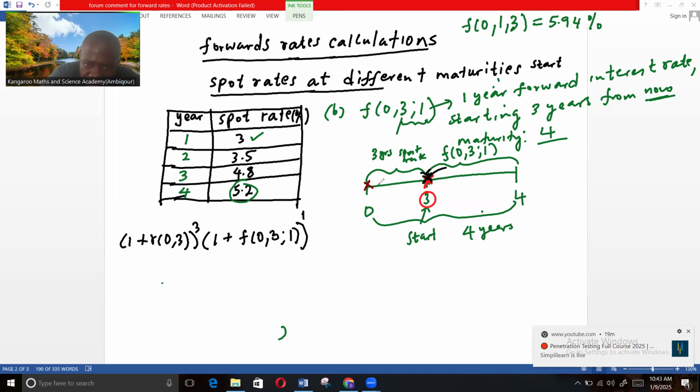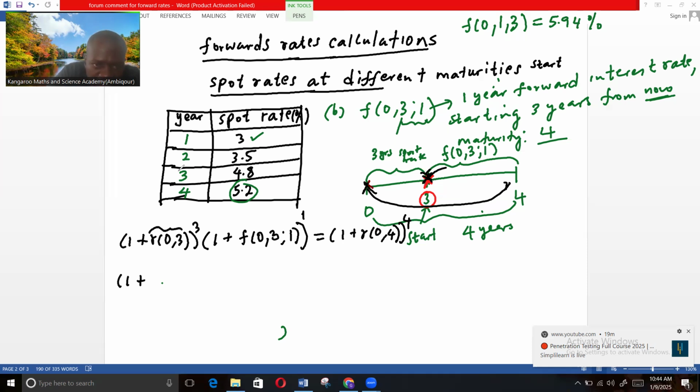This is the same as 1 plus the 4-year spot rate to the power of 4. Okay, so if we work this out this time around, what will this be?